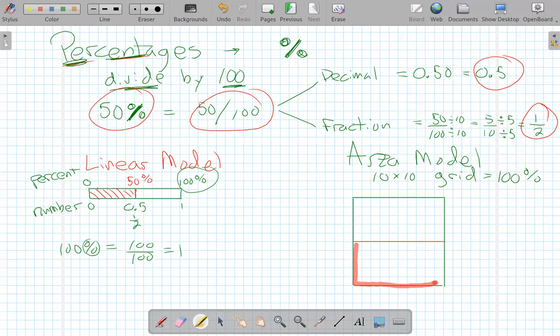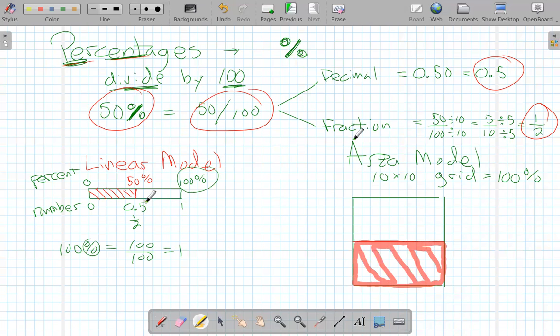So this part could be the 50% that I want. Right there. So we have a couple of options in playing with percentage, and sometimes one has an advantage over the other. Sometimes they both work.